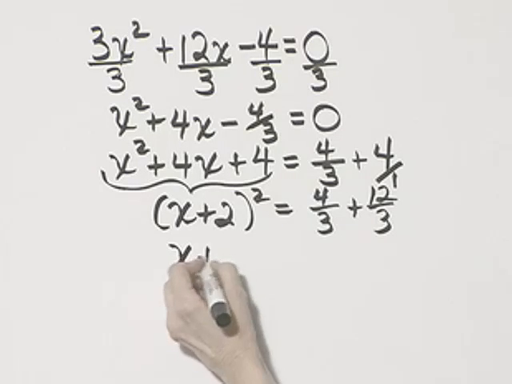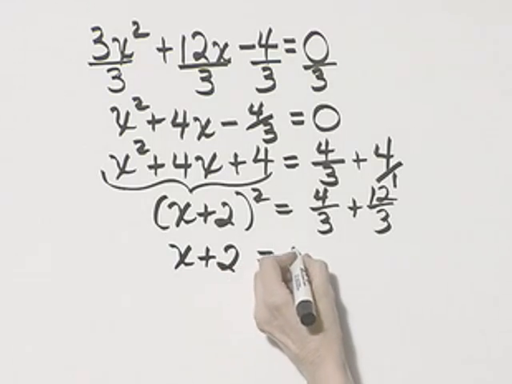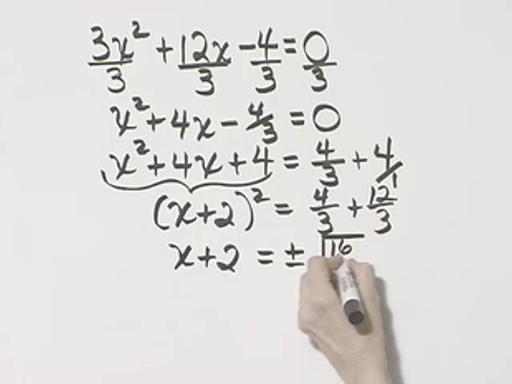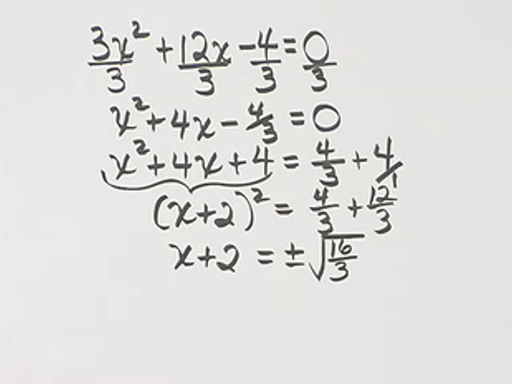So x plus 2 itself is equal to plus or minus the square root of 16 over 3. And now we'll finish solving, and at the same time we'll clean this up.